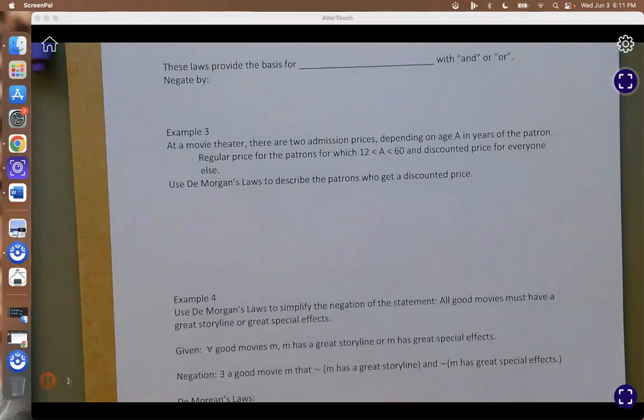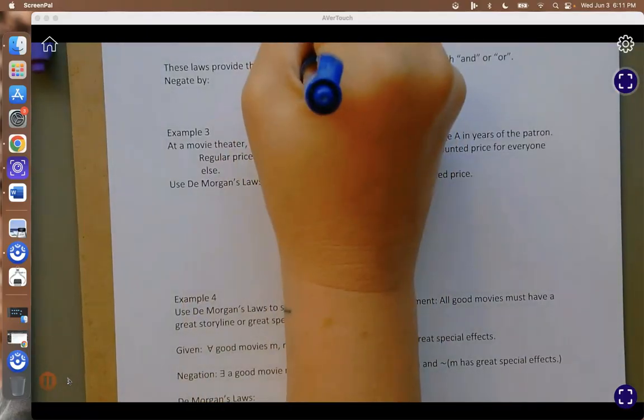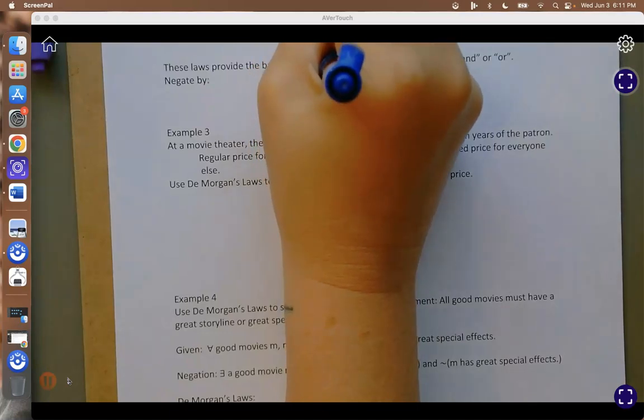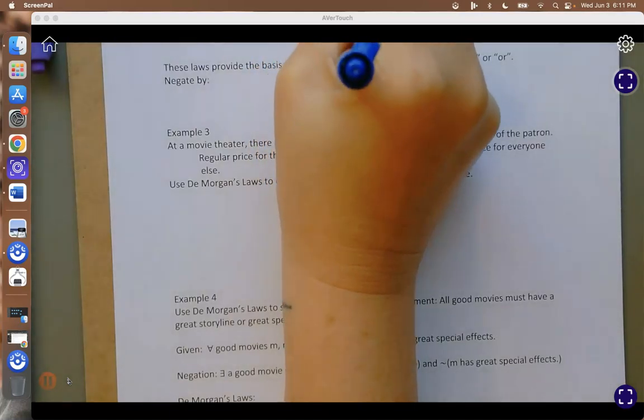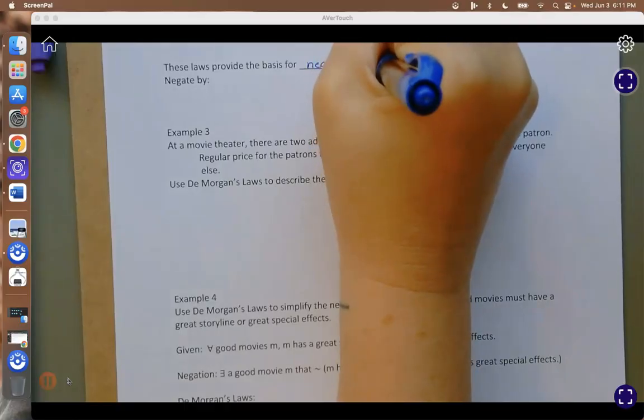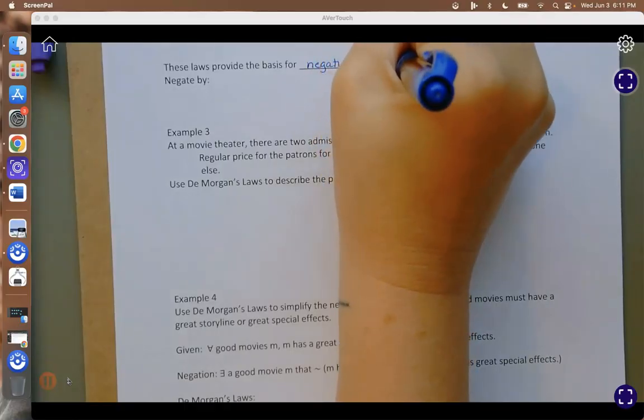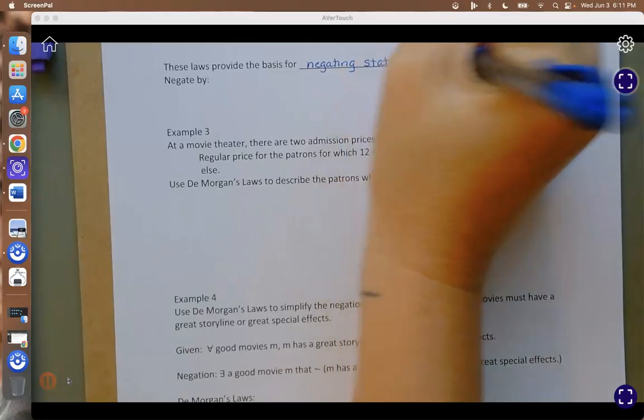These laws provide the basis for negating statements with and or.